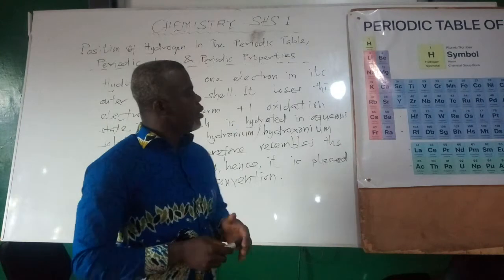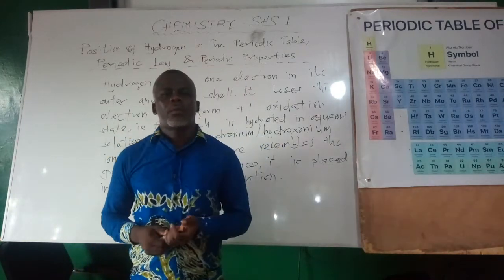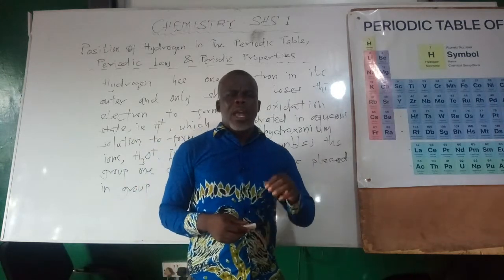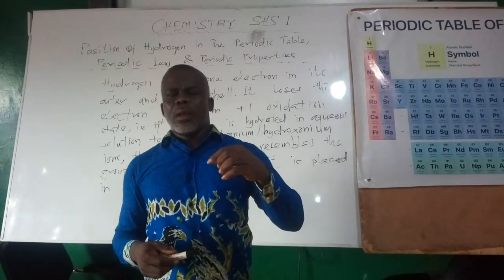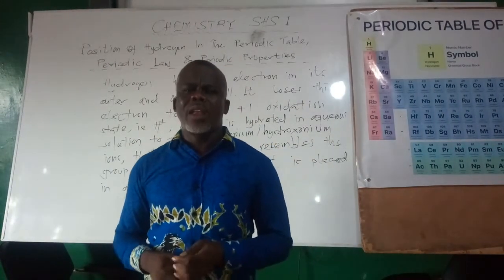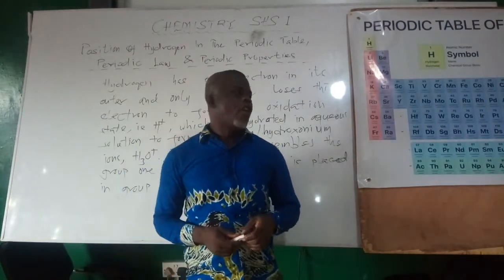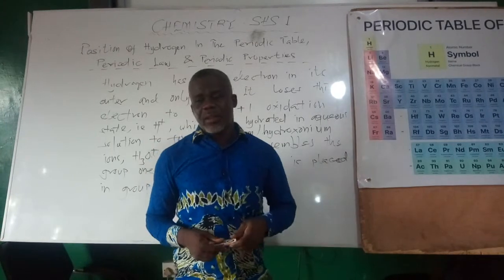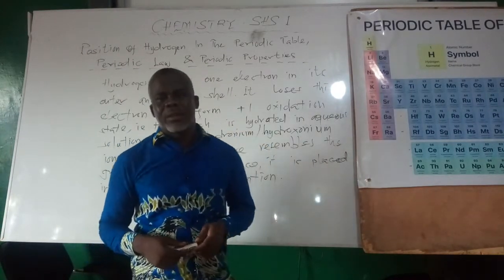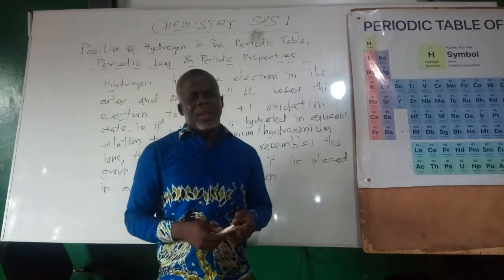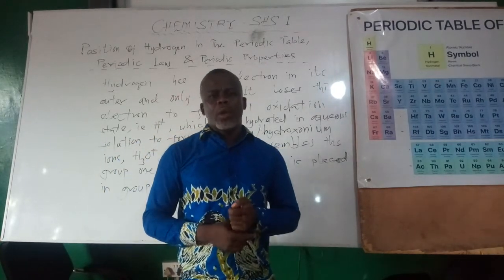Now we've seen that it can be placed in group 1. On the other hand, hydrogen gains one electron to form something called hydride, H minus, like the halogens do.